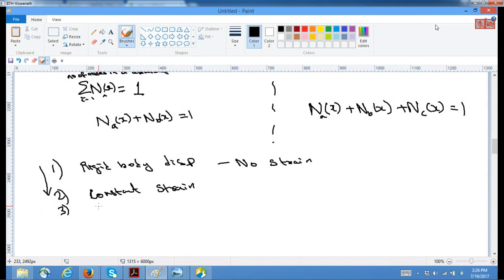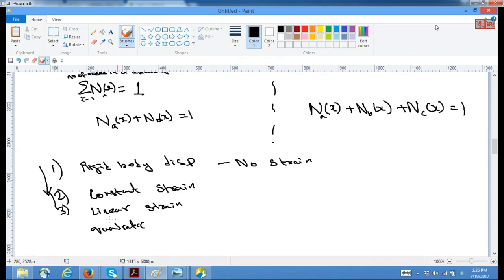So first is no strain, then constant strain, then linear strain, quadratic, cubic. You have to go in an increasing order. That is always the best polynomial assumption.